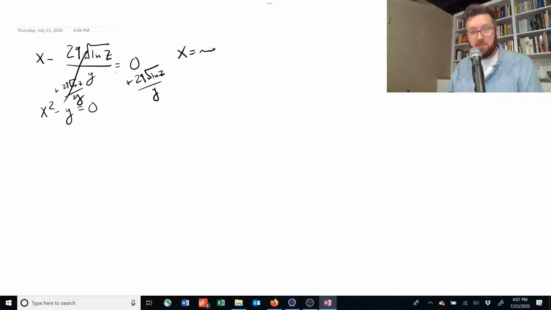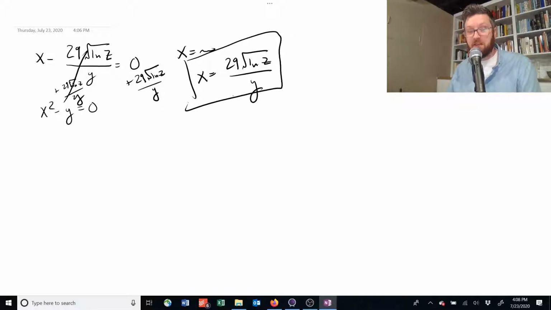These cancel at that point, and we end up with x is equal to 29 times the square root of the natural log of z over y. And in this case, that's good enough. Because we don't have any information about y or z, there's no way we can simplify this, but we solved for x and we did as best as we could.